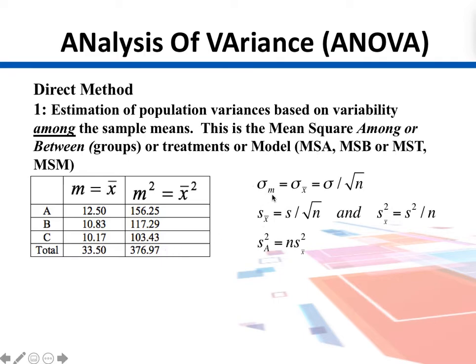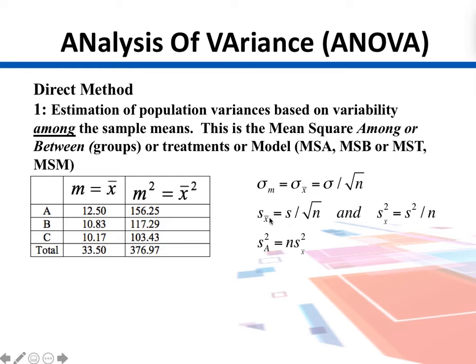We know that these are the means and they are present in the shape of a distribution, so we can call it a distribution of means. The standard deviation of this distribution of means can be estimated by the standard error, and that is given by the standard deviation divided by square root of n.